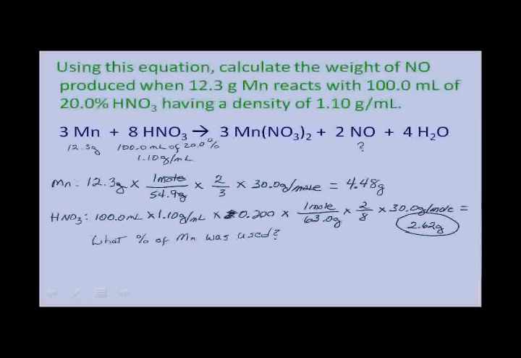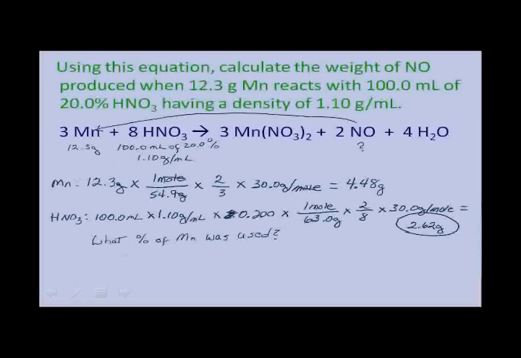You could start out with the quantity of nitric oxide that you have, 2.62 grams, and go all the way back and calculate how much manganese it would take to do that. Then you could take that weight, put it over the total weight of manganese times 100 and get the percent. But there's an easier way.